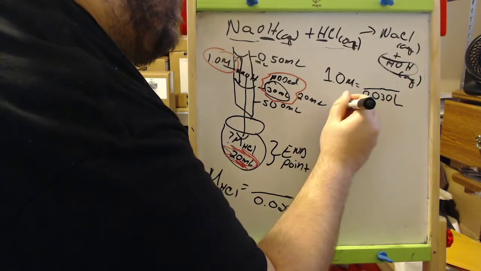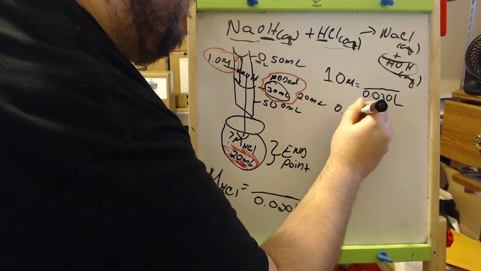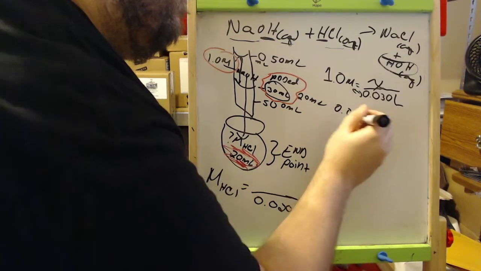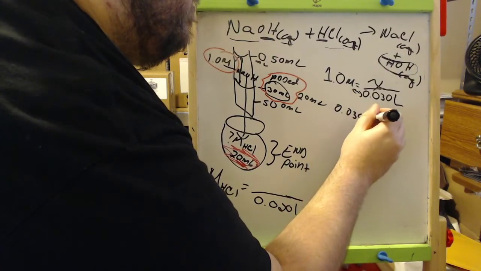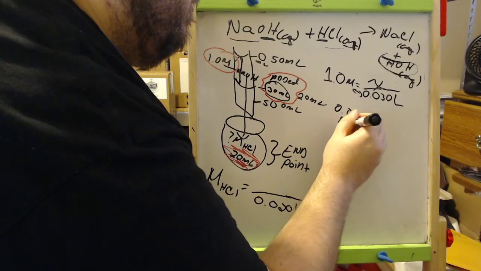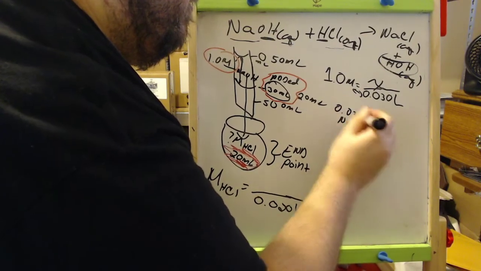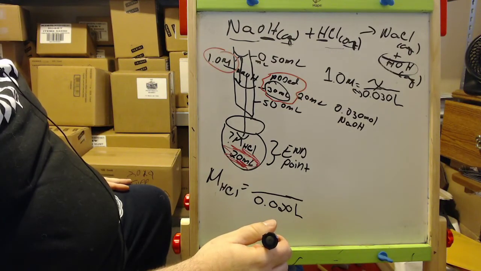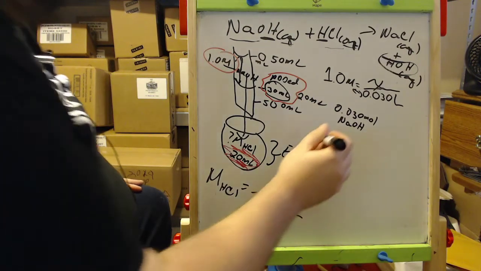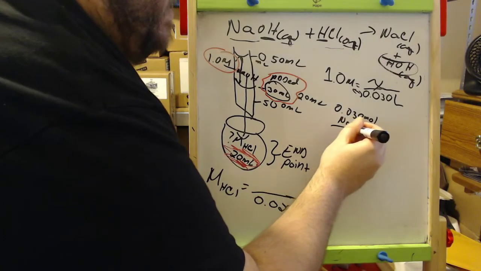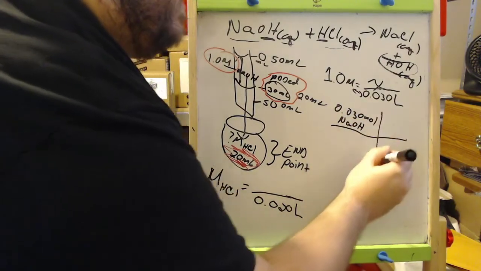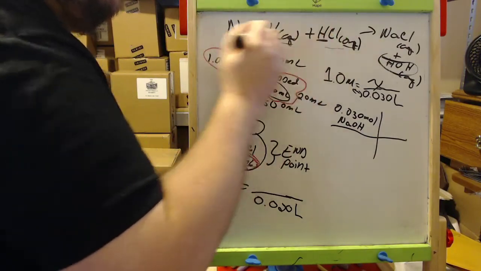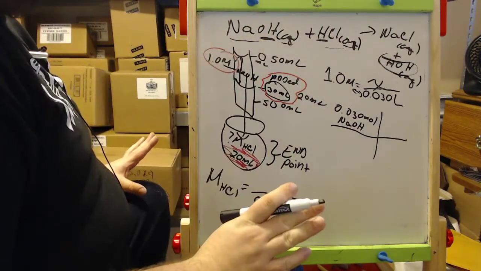That means that I added 0.030, by cross multiplying here, moles of NaOH. Now, I need to convert that to HCl. Now, it just so happens that my example is a 1-to-1 relationship. That's not always the case.